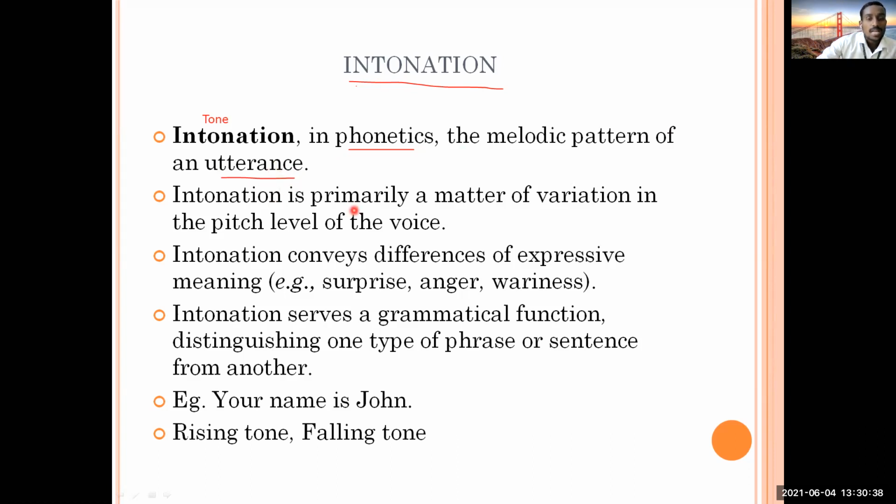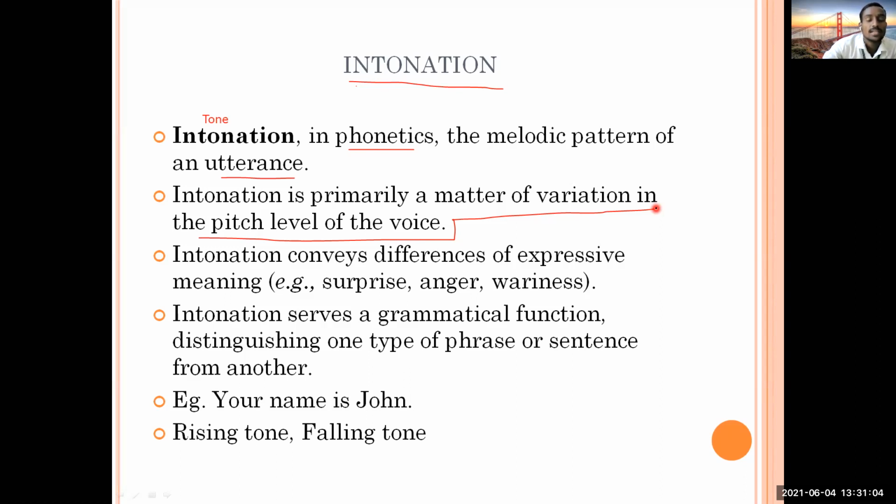So intonation is primarily a matter of variation in the pitch level of the voice. Try to understand what is variation in the pitch level of the voice. All of us have a voice, okay? When we speak, is it at the same velocity, the same intensity? Is it the same voice all the time? It is not the same voice all the time.